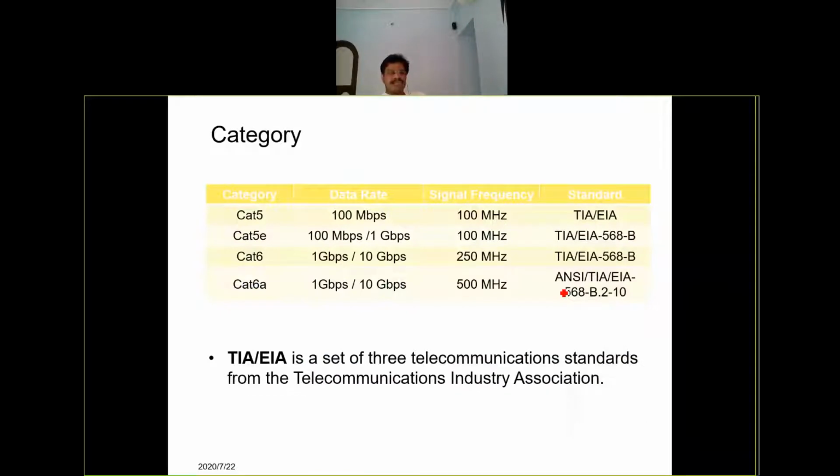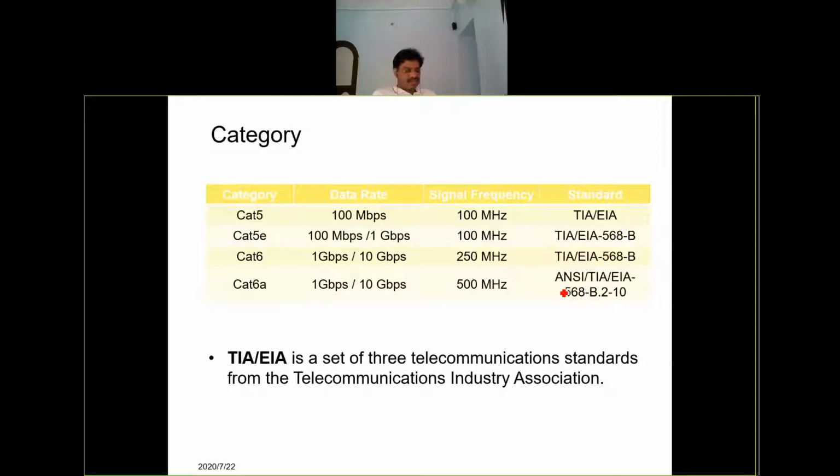Category 6A is typically the category 7 nowadays. The standards associated with the cables are set by the EIA, Electronic Industry Association. This actually provides us the ANSI standards or TIA standards or EIA standards.